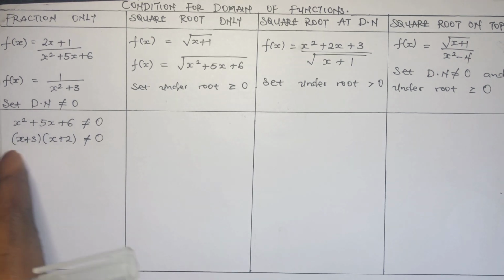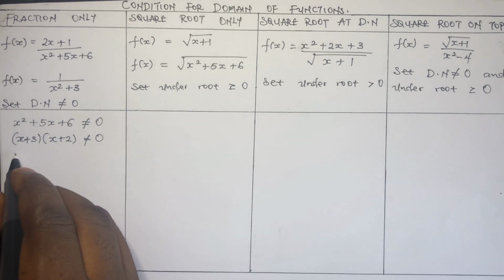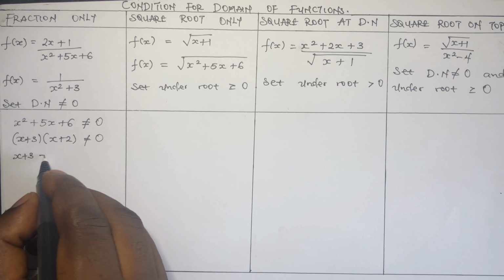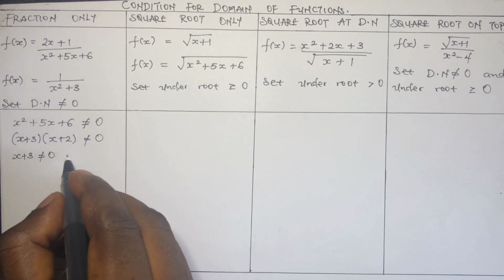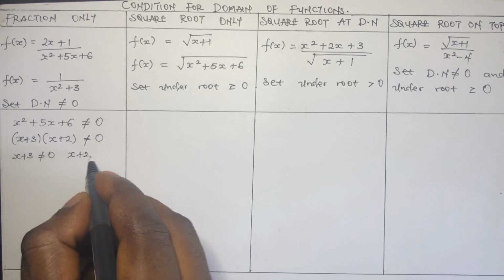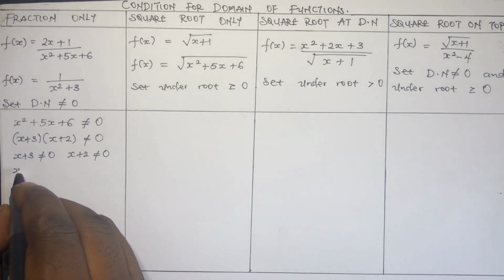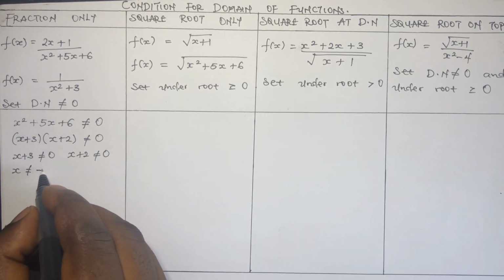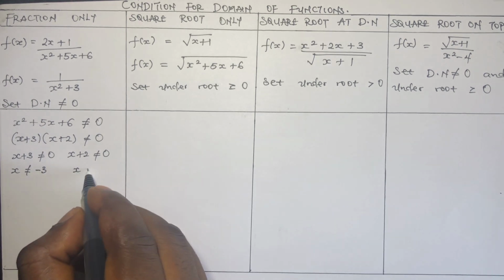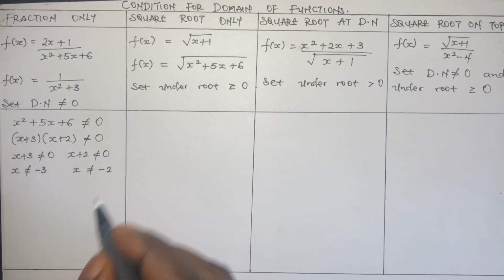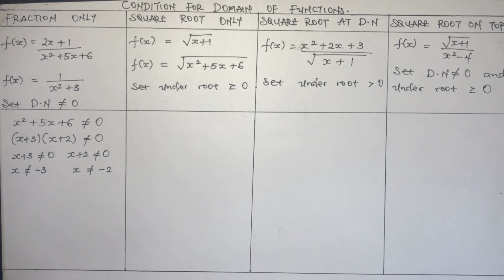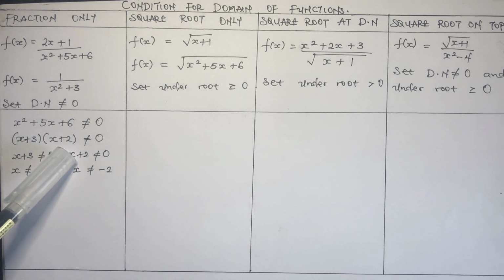When we separate these two factors, we have that x plus 3 is not equal to 0, and x plus 2 should not be equal to 0. So what this means is that x should not be equal to negative 3, and x should not be equal to negative 2. That's after subtracting 3 from both sides here and 2 from both sides here.